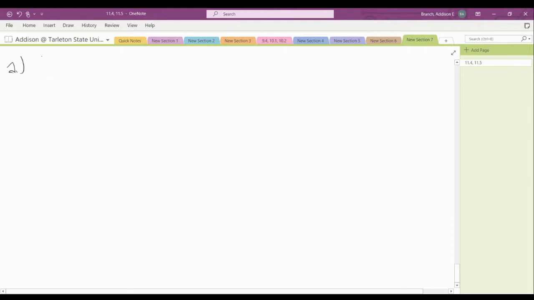So the first one we have is 1 over natural log of 3 minus 1 over natural log of 4 plus 1 over natural log of 5 minus 1 over natural log of 6 plus 1 over natural log of 7, and then we're just going to keep going through that pattern.